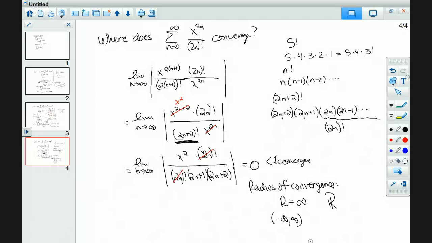Because 3 factorial is 3, 2, and 1. So that's what I did here. This and everything below it is another factorial. The reason you choose 2n factorial instead of writing this out is so you could cross it out. So what's left over? That.